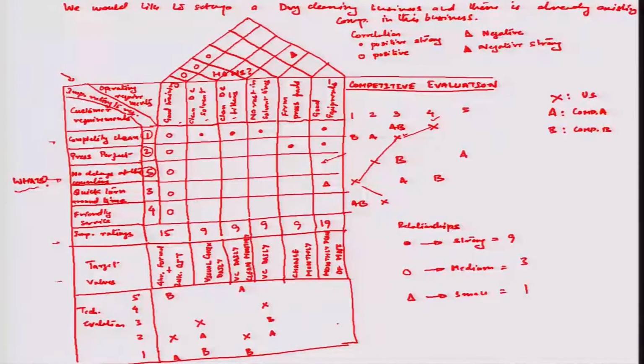And then when we talk about the changing monthly schedule for the press pads, again we find that A and B are rated 3 and 5. So we can position ourselves somewhere in between. When we talk about good equipment, A and B are rated at level 3 and level 4.